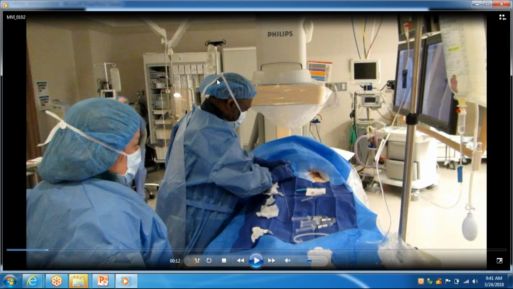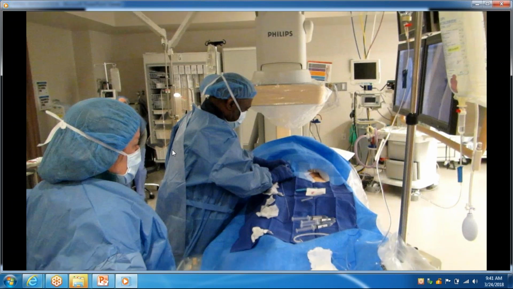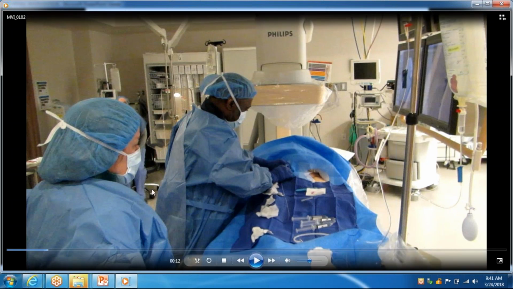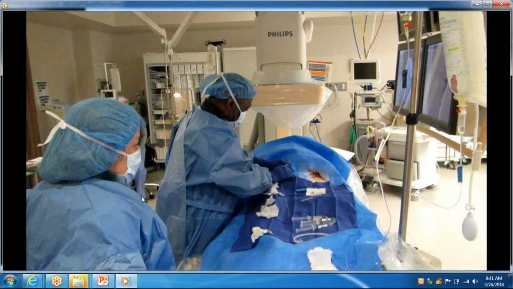So this is the cath lab room where we're going to use ionizing radiation. Everybody in this room needs to have lead protective wear on.